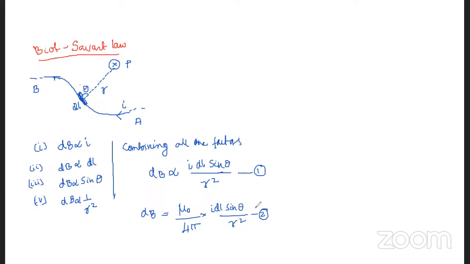This mu naught by 4 pi is the proportionality constant.